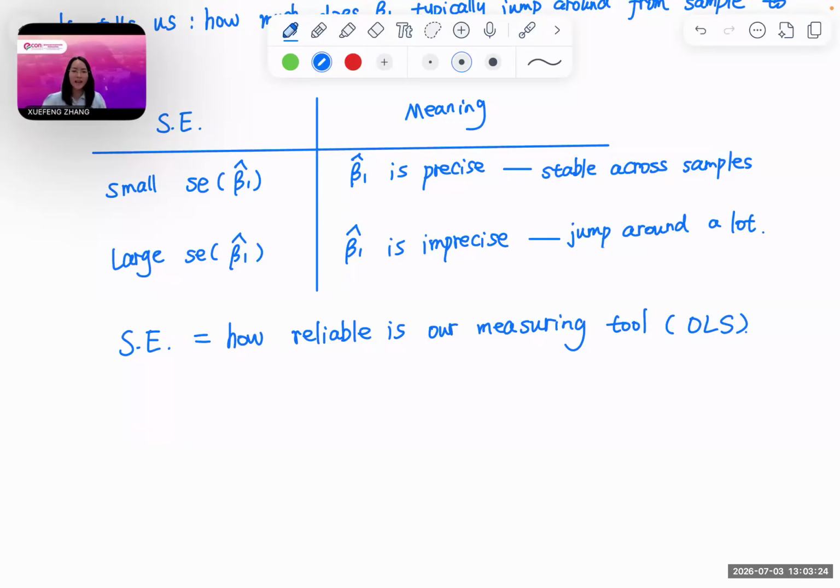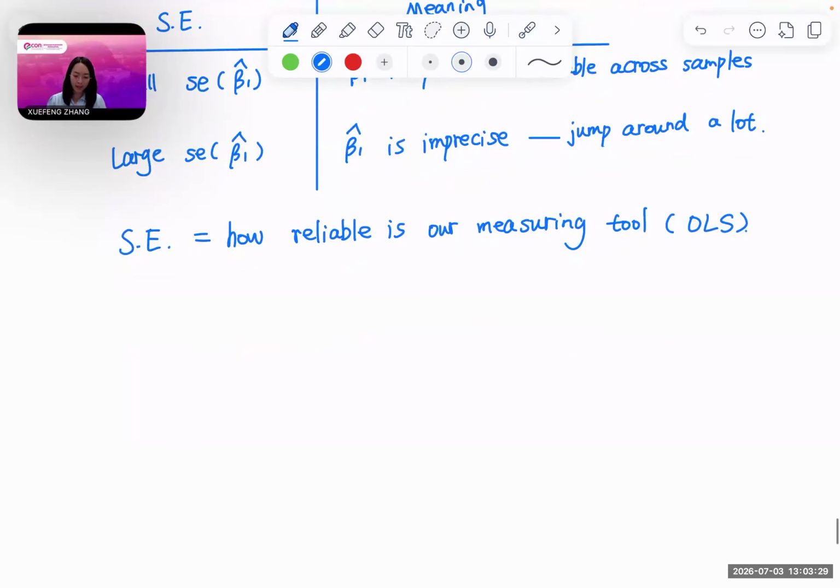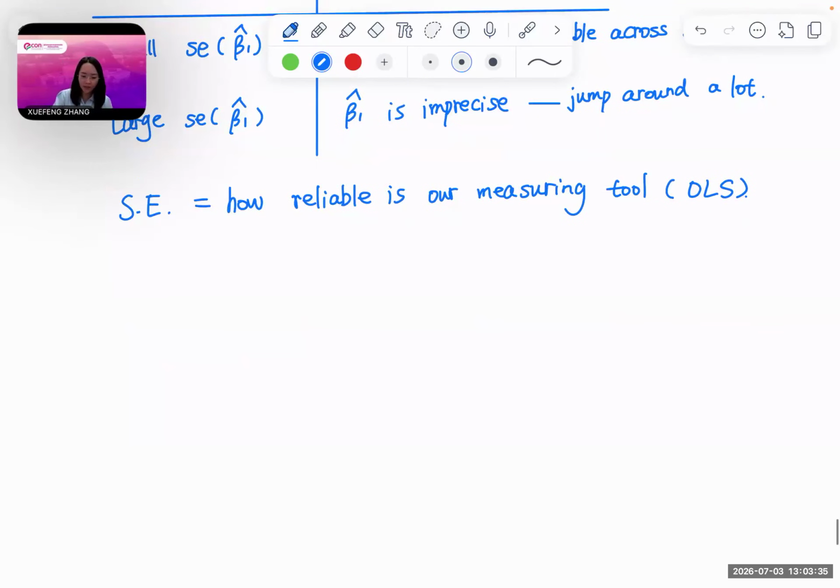Why do we care, okay? Why do we care about standard errors? Because standard errors are used for everything that comes next, okay? We need standard errors for the first one, hypothesis testing.